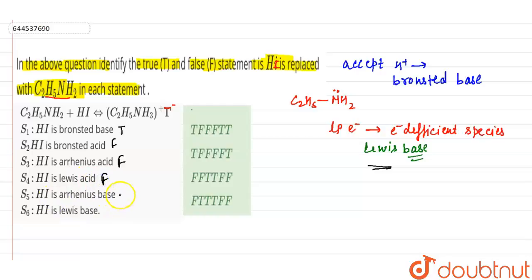Arrhenius base is not true, so this is false. The sixth one, Lewis base, is true. So only the first and last are true and all other options are false. So the correct option here is the second option, which is true, false, false, false, false and true. And the rest of the options are incorrect.